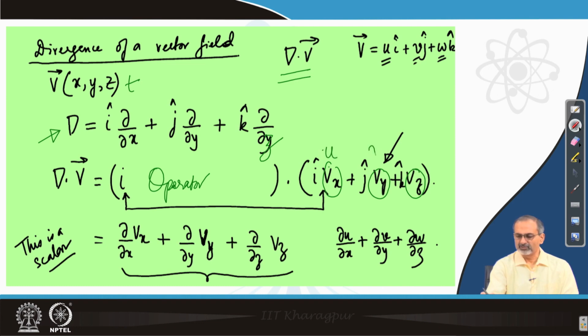You may write them as u, v and w also, and then when it is dotted it turns out to be like this. So, it is a dot product between two vectors, and then what it yields is basically a scalar.